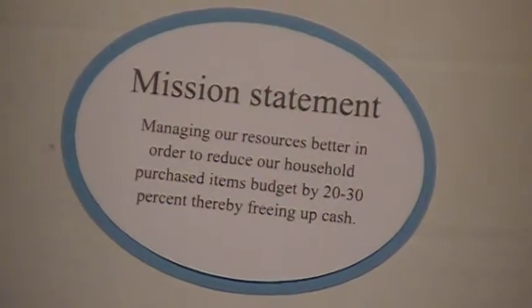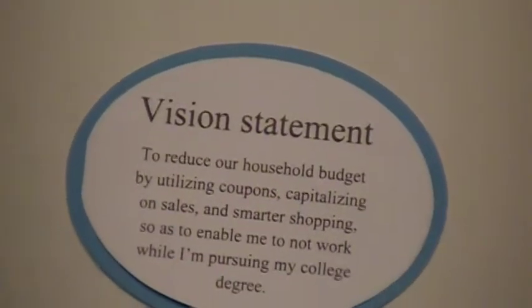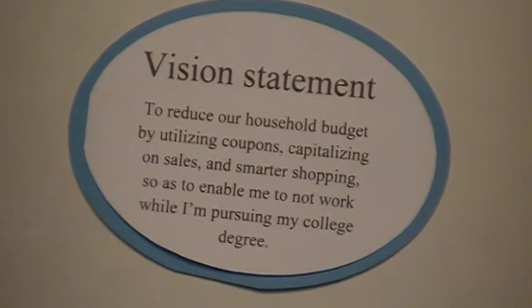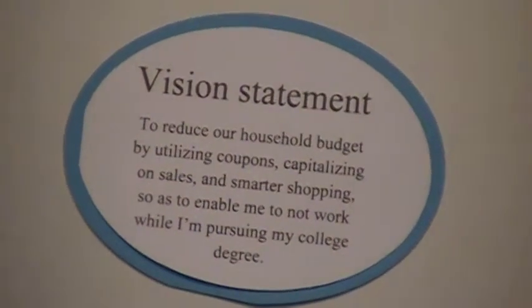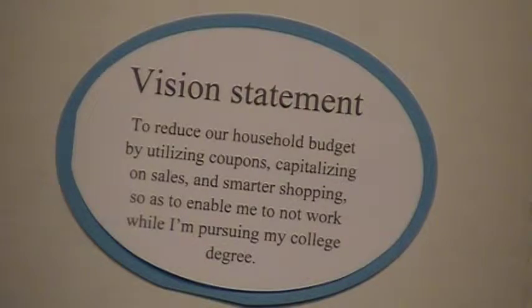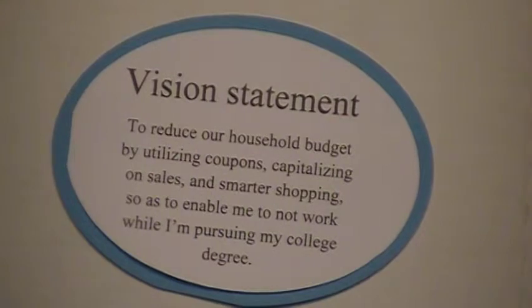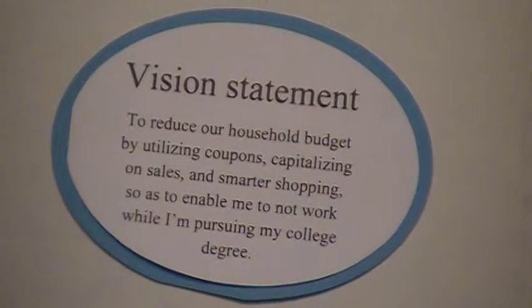After coming up with that, I came up with a vision statement, and the vision statement is a lot more broad in general, and it talks about how you would like for things. It can be kind of a lofty thing, some goal that you want out in the future, and it's a milestone that you want to hit. And so for my vision, I want to reduce our household budget by utilizing coupons and capitalizing on sales and smarter shopping, so as to enable me to not work while I'm pursuing my college degree.